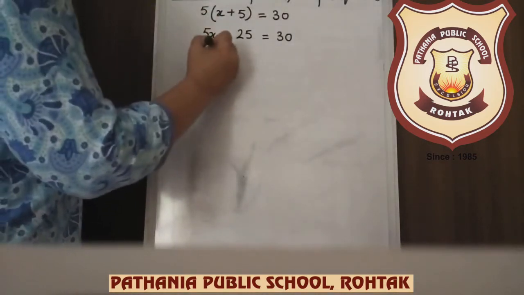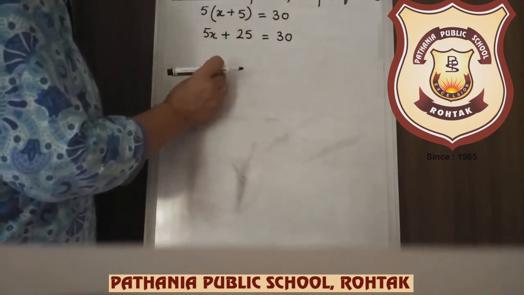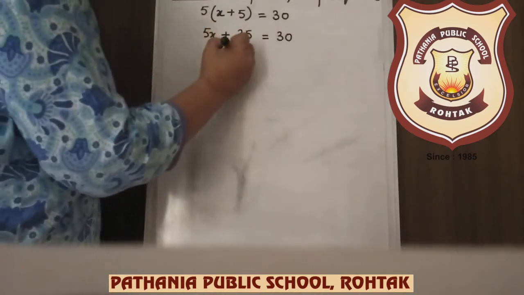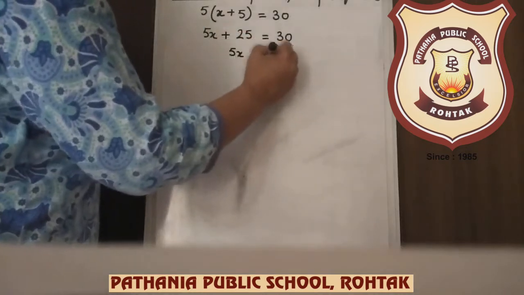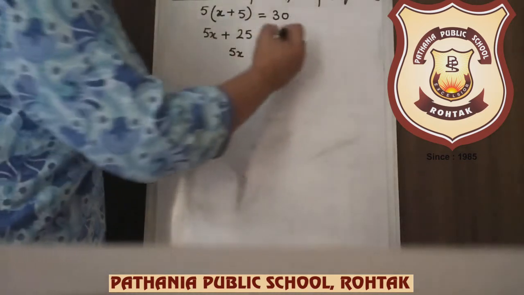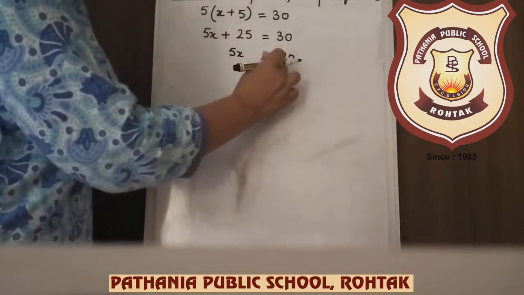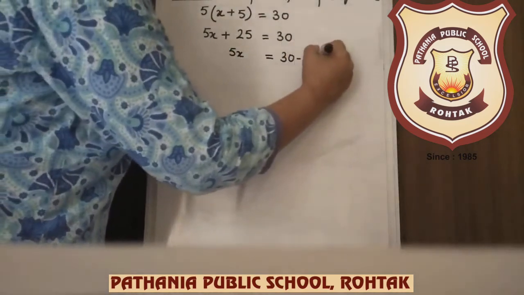Then what I told you: the variables are to be kept on the left hand side and the constants are to be taken on the right hand side. So 5x is a variable term, and 30 is already on the right hand side. Now 25 goes to the right as minus 25.